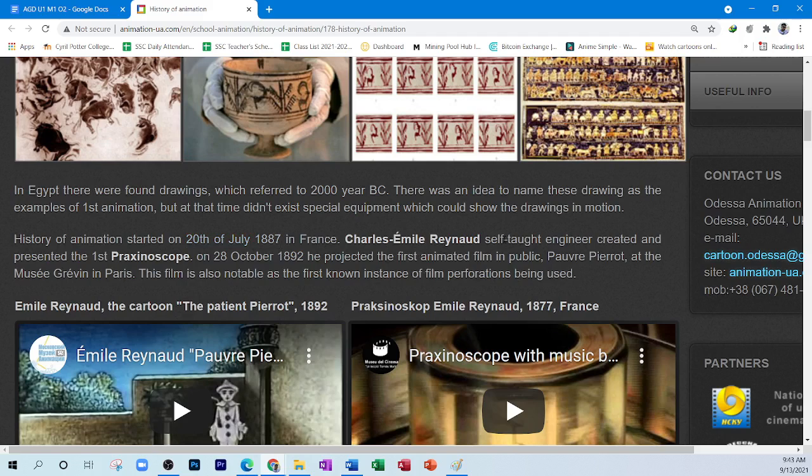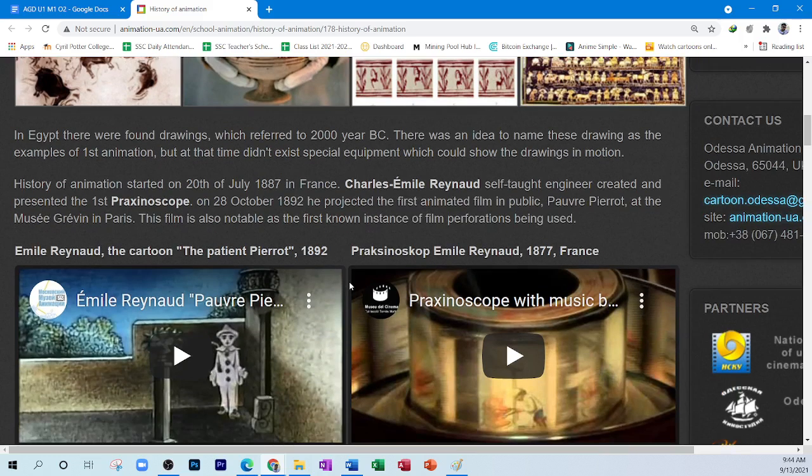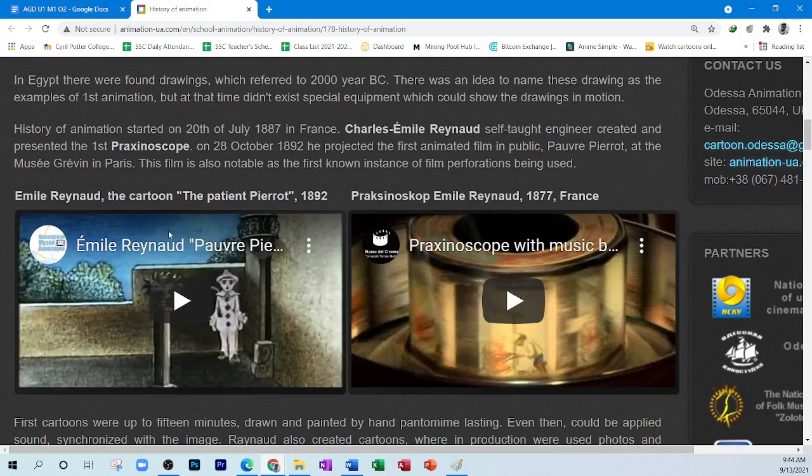Charles Émile Reynaud, a self-taught engineer, created and presented the first praxinoscope on 28th of October 1892. He projected the first animated film in public, Pauvre Pierrot, at the Musée Grévin in Paris. This film is also notable as the first known instance of film perforations being used.